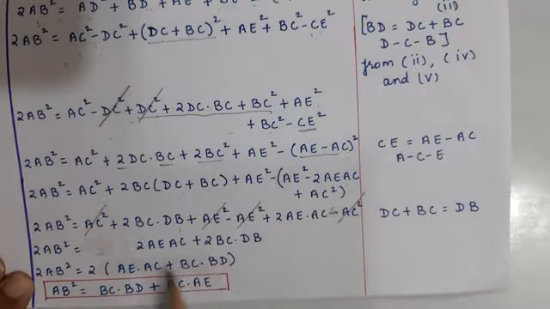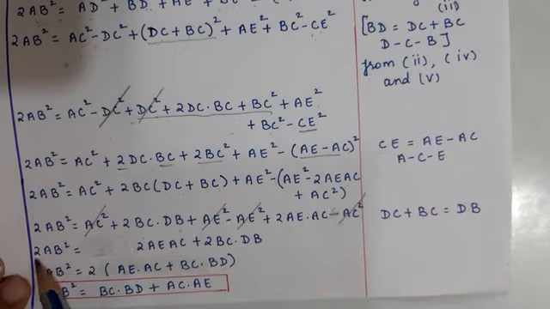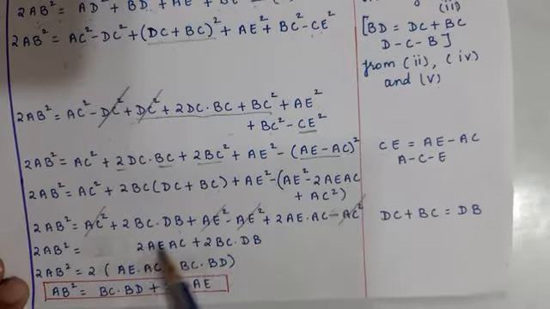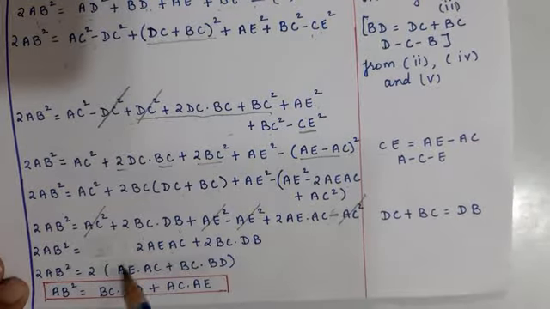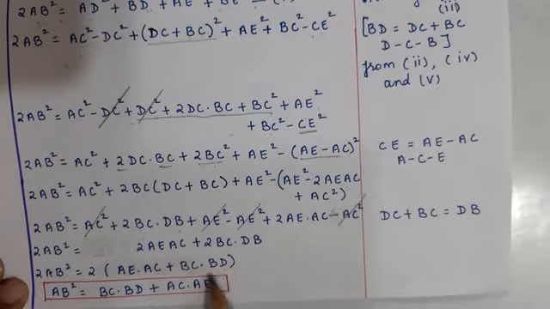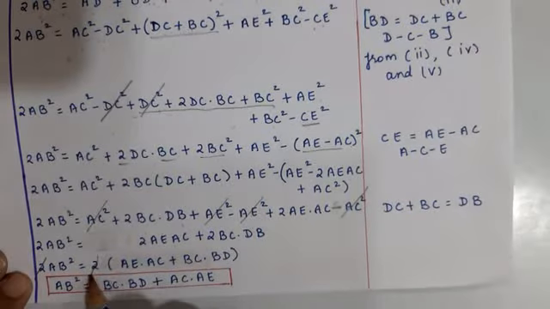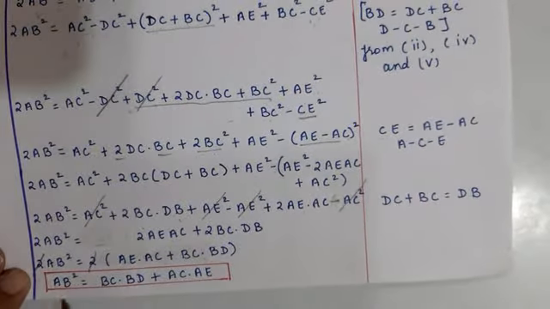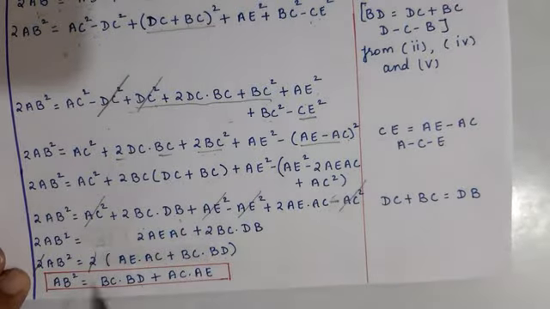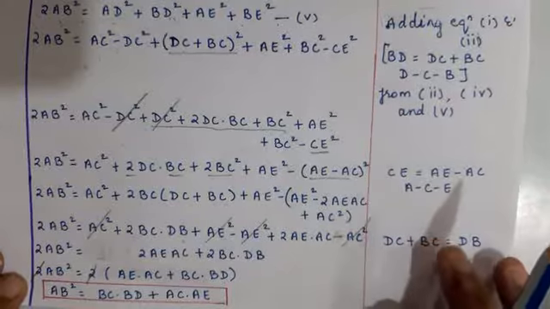Now let us rearrange them to appear same as given in the question. 2AB square is equal to 2 into, I have taken 2 common here students, so AE into AC plus BC into BD. 2 on both sides again we can cancel. So we are left with AB square is equal to BC into BD plus AE into AC. So hence proved. Thank you for watching my video students.